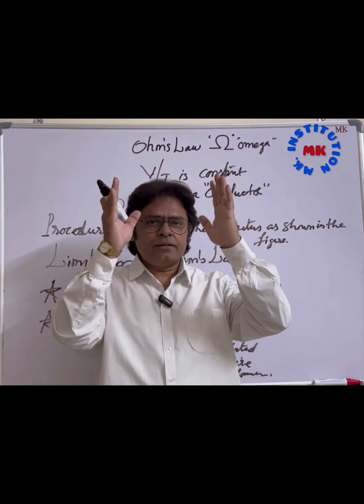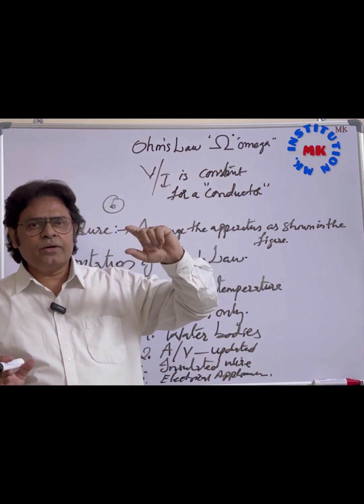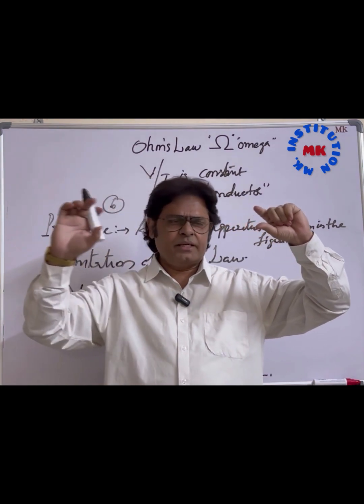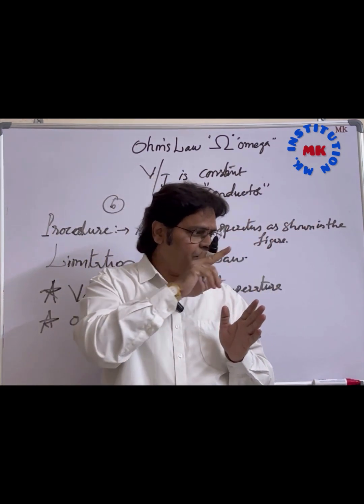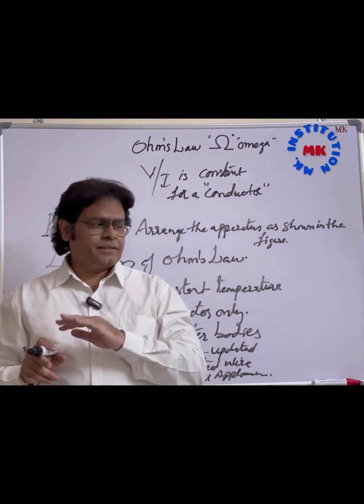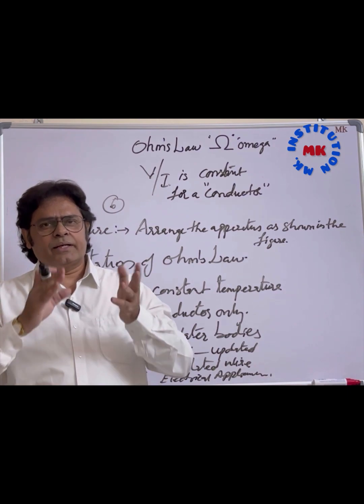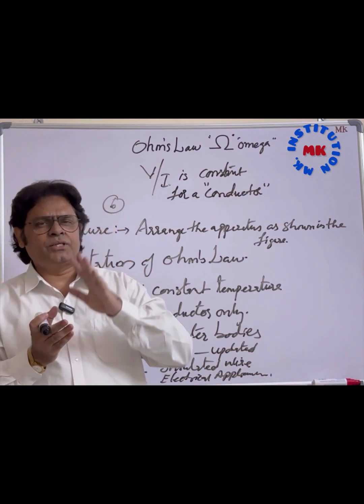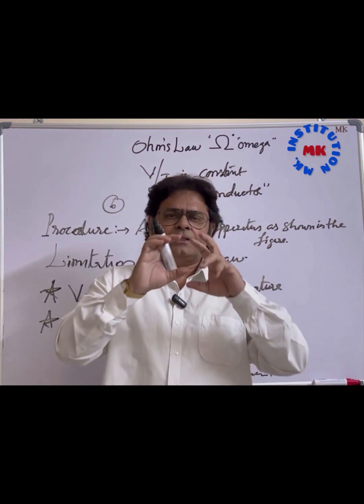How do you write it systematically? First you write what Ohm's law states. Then the aim you have to write: to show that the ratio V by I is a constant for a conductor. Then the requirements: we are taking an ammeter, a switch key, a voltmeter, and so on. Then the procedure.